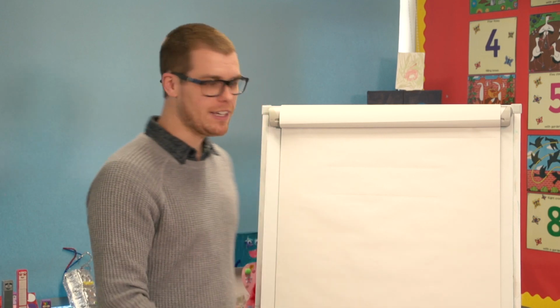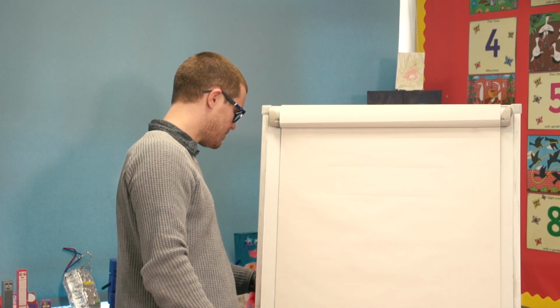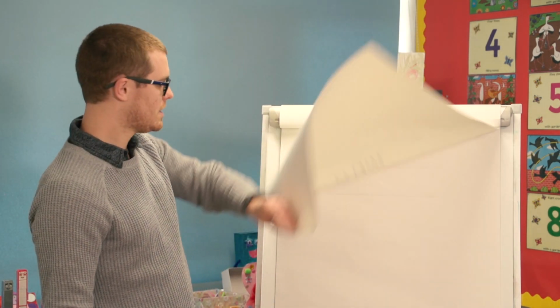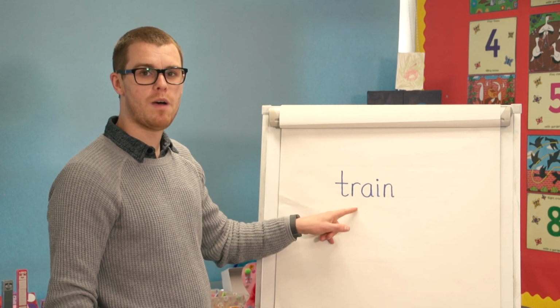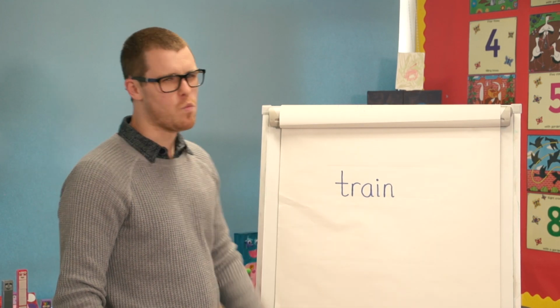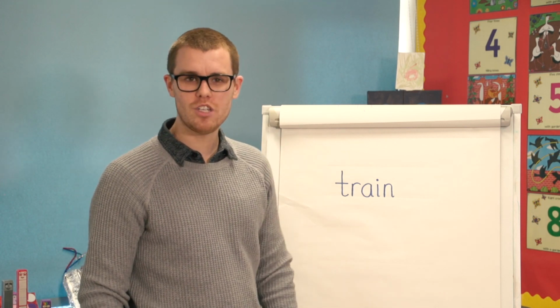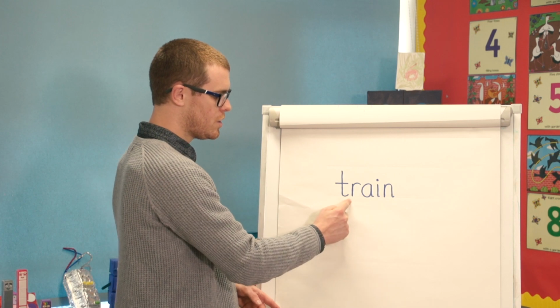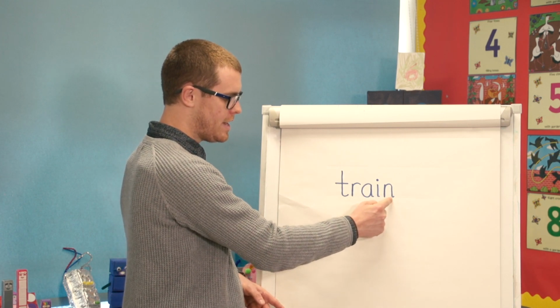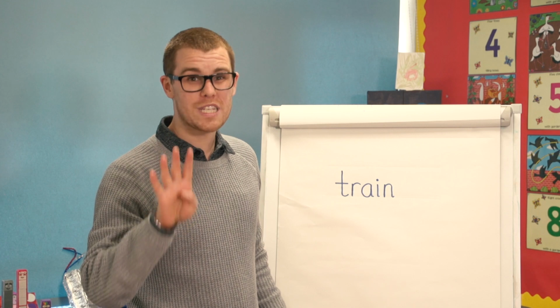Shall we check our spelling? Did you get it right? Does your spelling match mine? Don't worry if it doesn't. Quickly change it now. Train. T, R, A, N. 4 sounds.